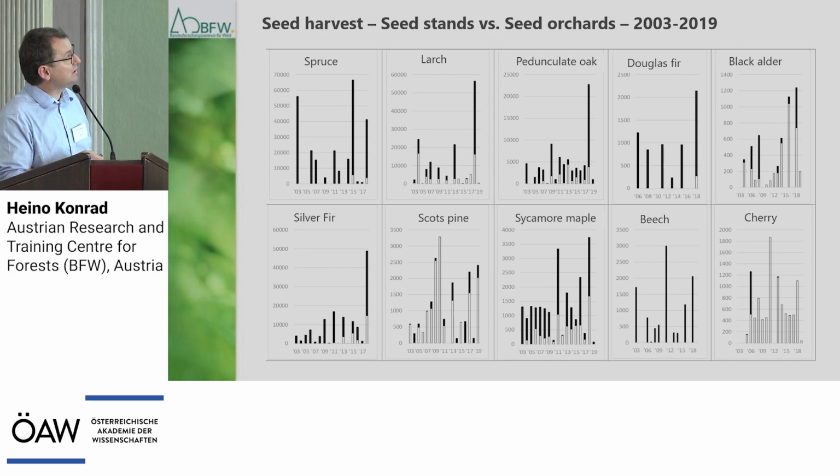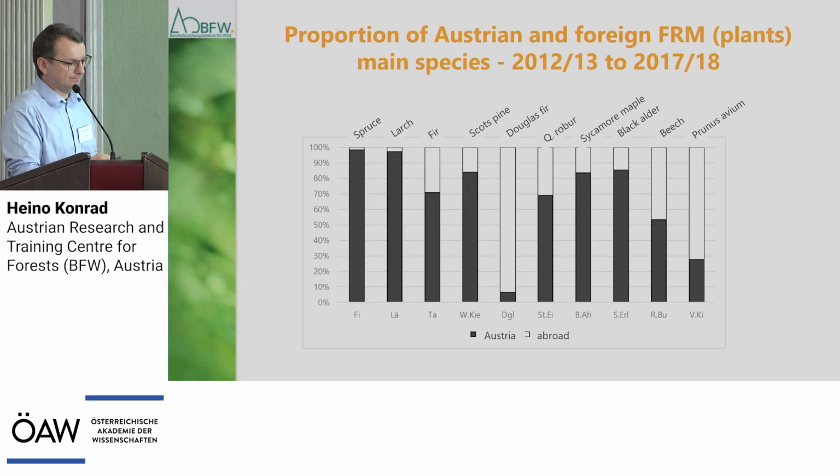But there are some species where it's very difficult to collect the material in the forest, like black alder, larch, Scots pine, and cherry, where the seed orchards have a very high importance. And in general, the pattern is that the importance of the seed orchards is increasing, because they can be managed and then they produce seeds more regularly.